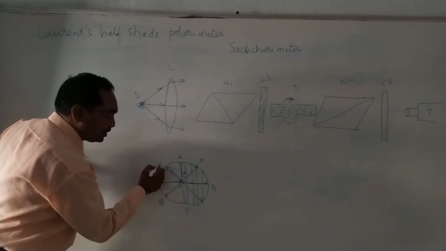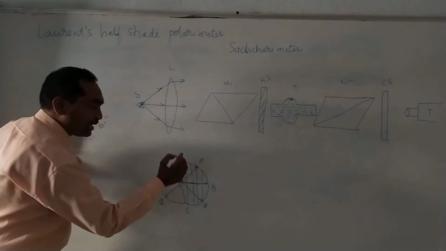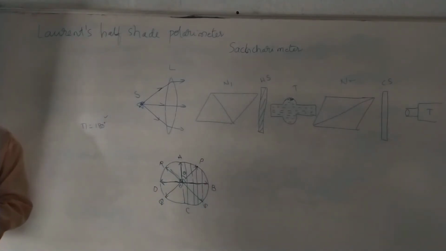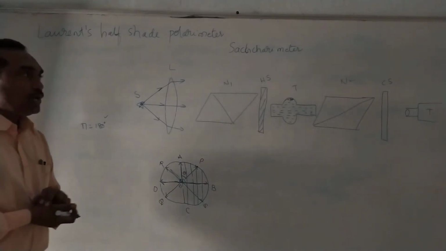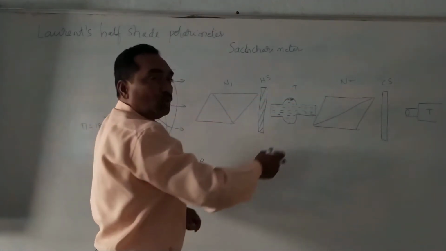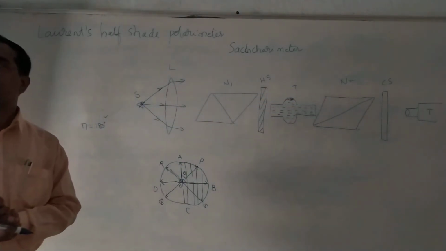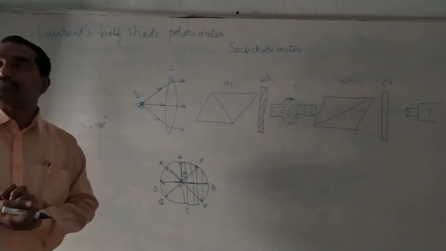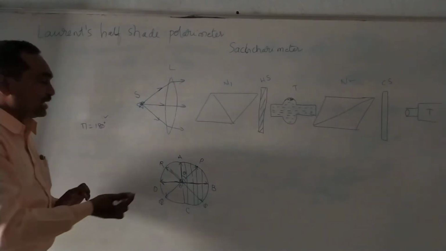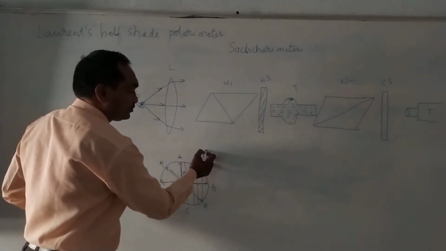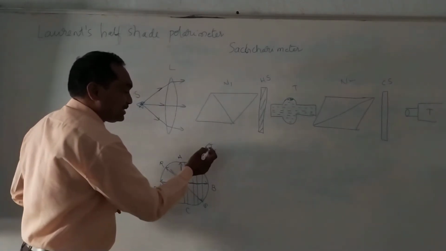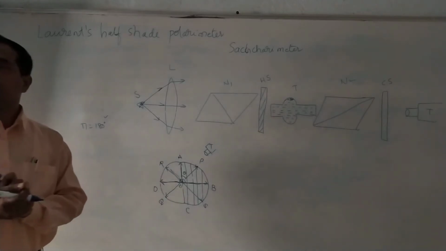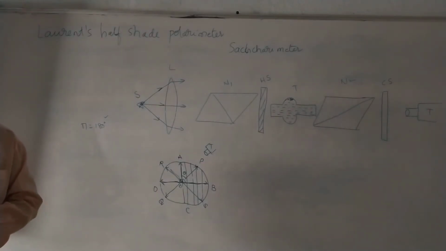Let this be PQ, and this may be taken as RS. Now, if we are looking from the traveling microscope or eyepiece towards the half wave plate or half shade device, with the eyepiece along the direction of PQ, what is happening here?